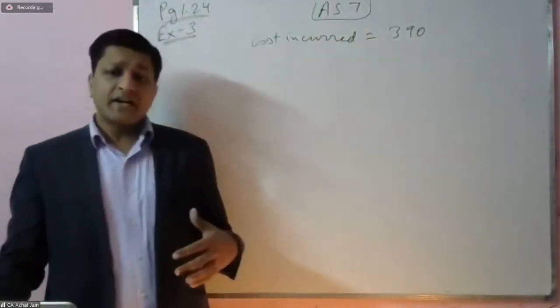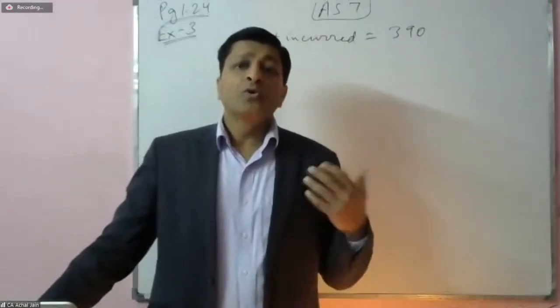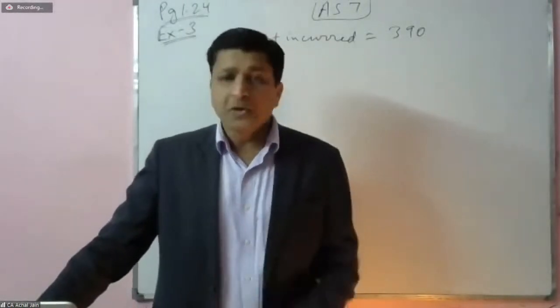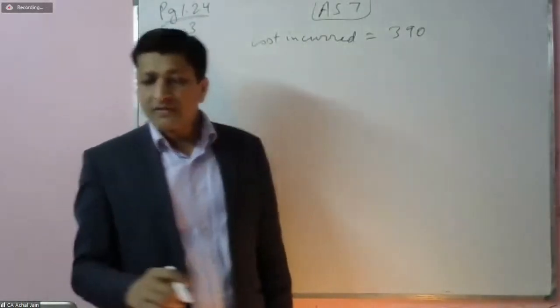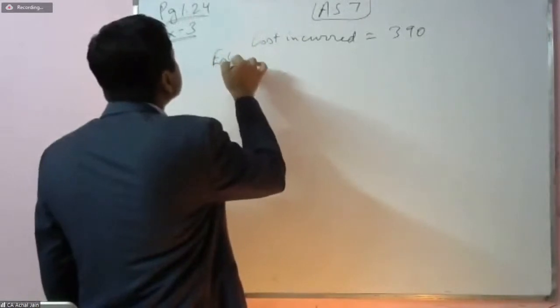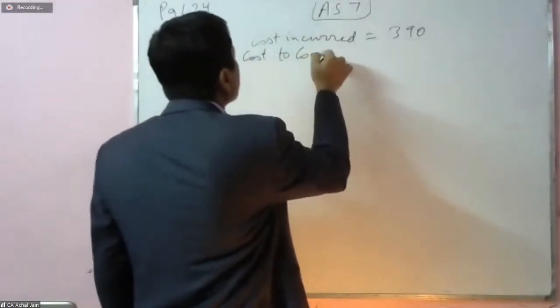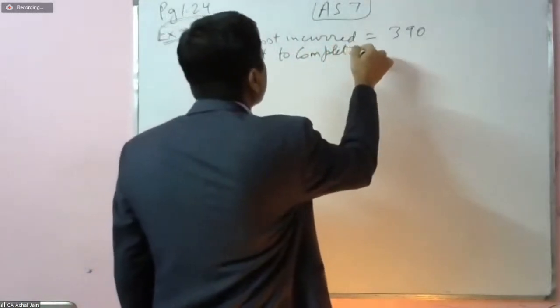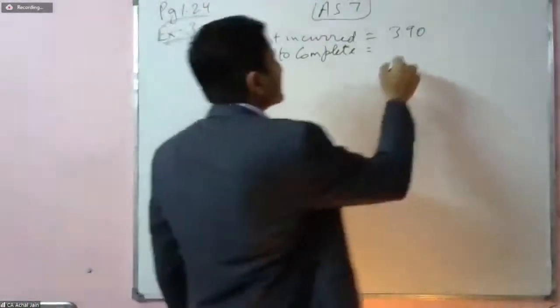And we understand that in the future, some more cost will have to be incurred to complete the contract. An estimate for that future cost is available. Estimated cost to complete is also available, 260.